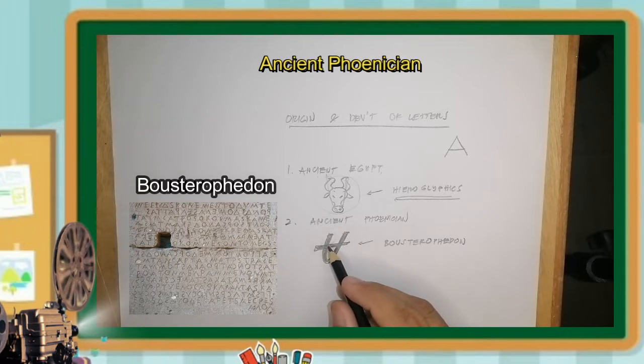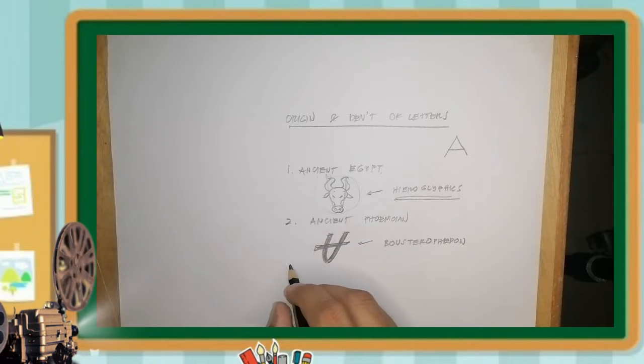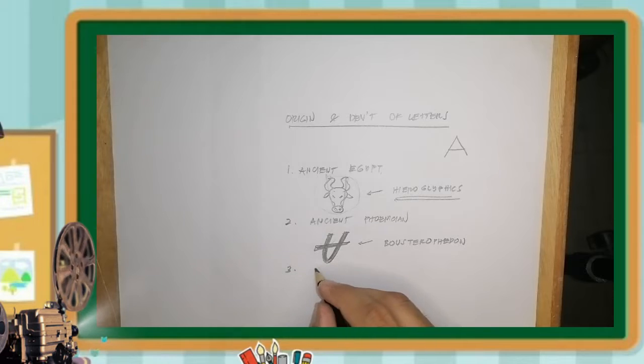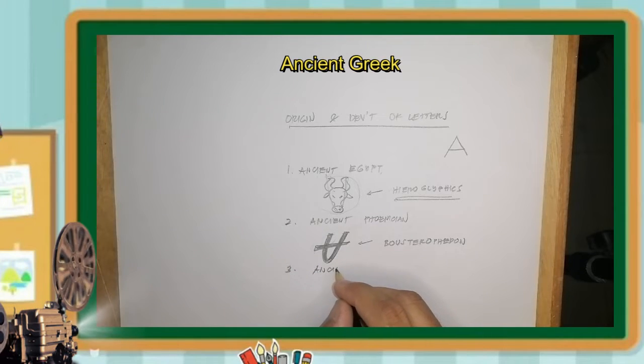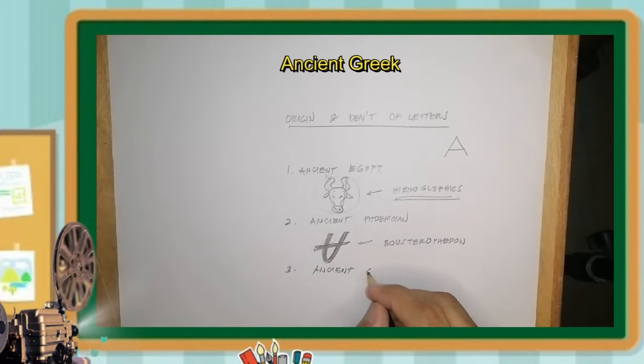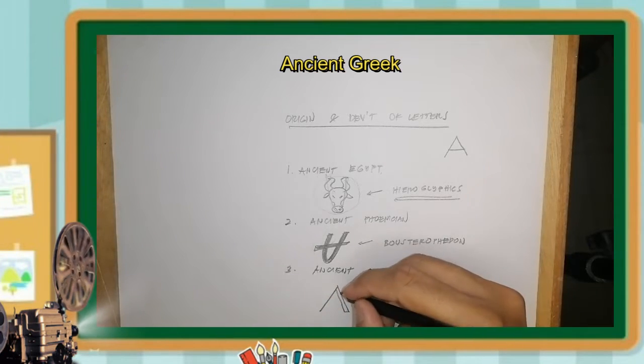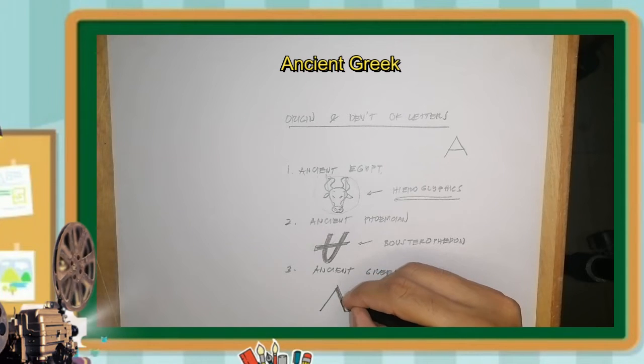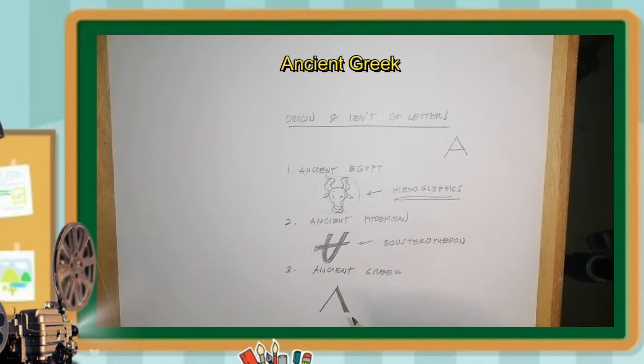So after the ancient Phoenician, the next, we have the ancient Greek. Ancient Greek, their letter A looks like this. So kung makikita natin, habang tumatagal, nagmumukha na itong letter A na alam natin ngayon.